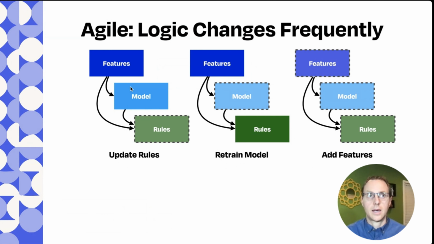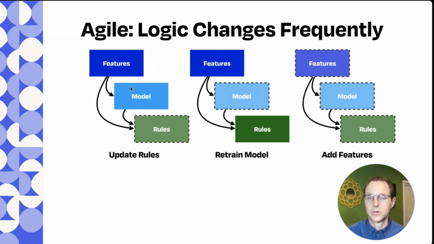As far as the feature development itself, what I'm calling agile here is when you're in situations where you need to make logic changes very frequently. In the case of fraud prevention, probably the most frequent thing that happens is you have fraud analysts that are just updating rules where the models and the features stay fixed.